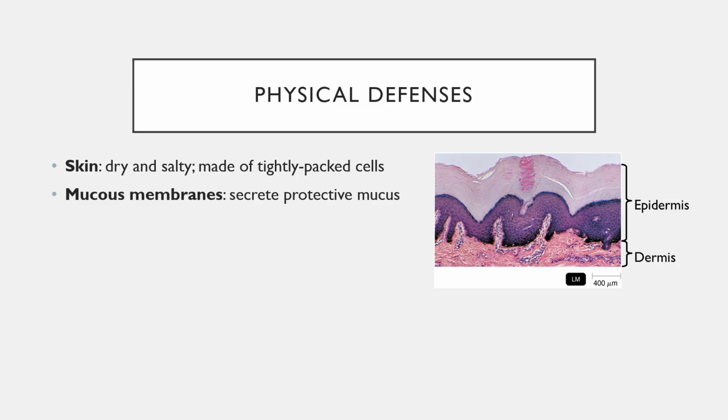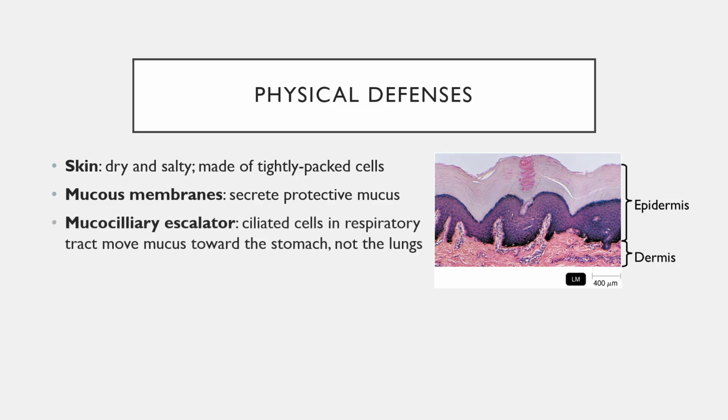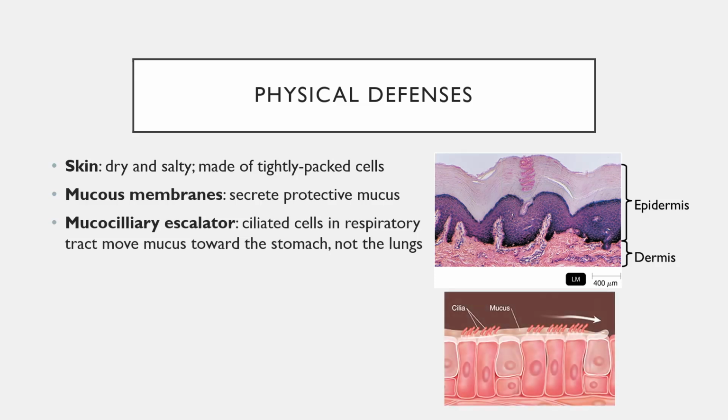One area of our body where the mucous membrane exhibits this sloughing off activity is the mucociliary escalator present in our respiratory tract. The respiratory tract is covered in cells that produce cilia on their surface, which you may remember are tiny extracellular appendages that are used for movement.